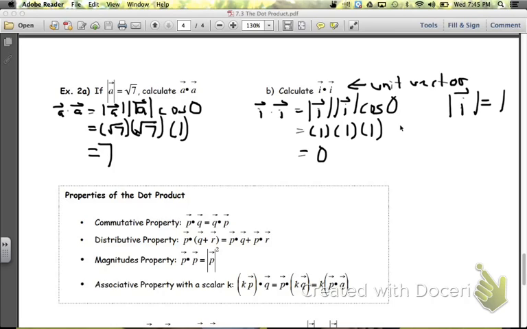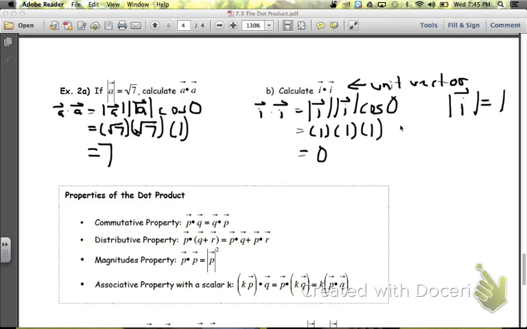So some properties that do exist of the dot product, through your investigation you should have found this. When we're looking at the commutative property, all this means is that if we're taking the dot product between P and Q, you can have the dot product where P is your first vector dot Q, or vice versa, Q dot P. Now the distributive property, just as it says, you're going to distribute into the brackets.